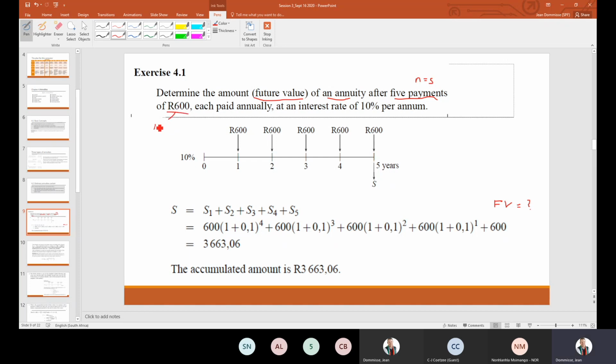That is my monthly or yearly payment, the payment that I'm going to make in a certain period of time. It is annual, so it is 1 time per year.